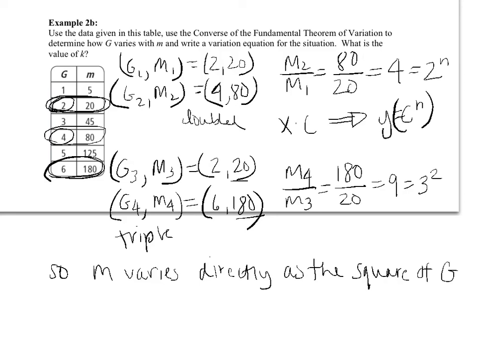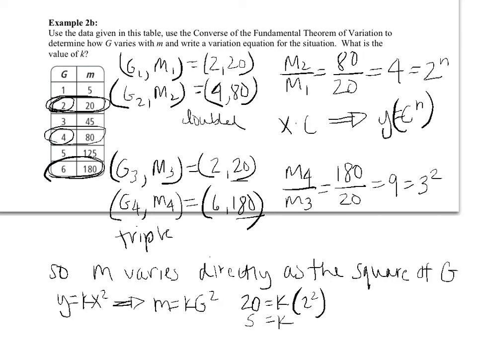And we could test that with some points, and this might be an easier way to do it. We could say y equals kx squared, which with M and G's, we could say M equals k times G squared. Now let's plug in some values and see if it works. If M is 20, G is 2. If we solve for k, we get 5.